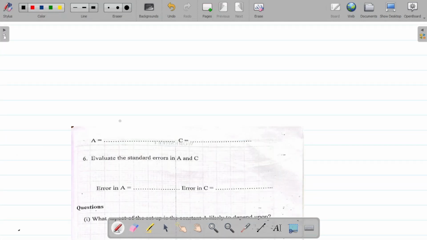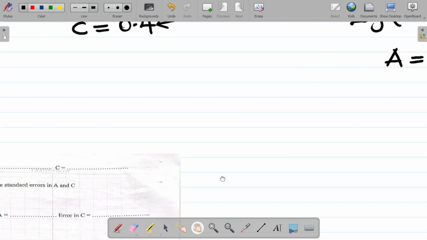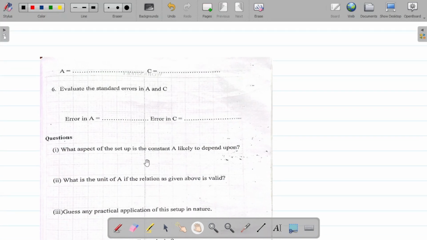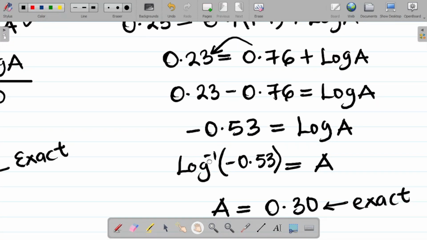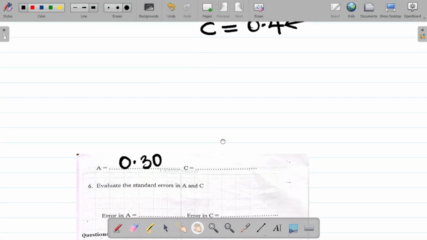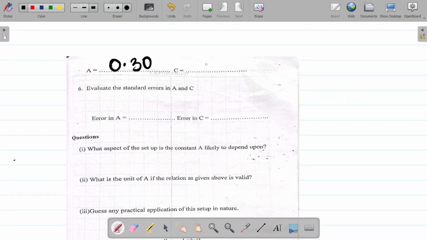That's the value of A. Also, for my calculation, the constant C, which is the slope, is 0.4, as you can see here. So I have 0.40 as my calculation.